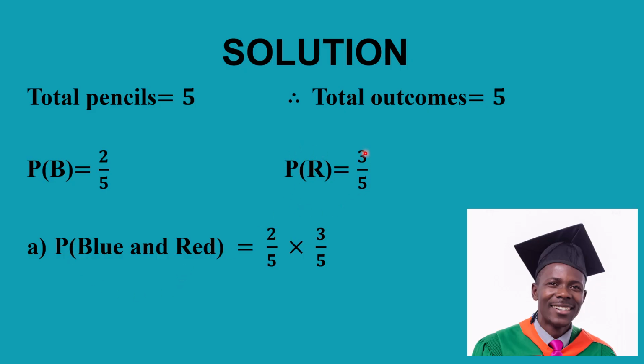The result is 2 over 5 times 3 over 5. Multiplying 2 times 3 gives 6, and 5 times 5 gives 25. So the probability that we are going to choose a blue and a red pencil at once is 6 out of 25. Great.